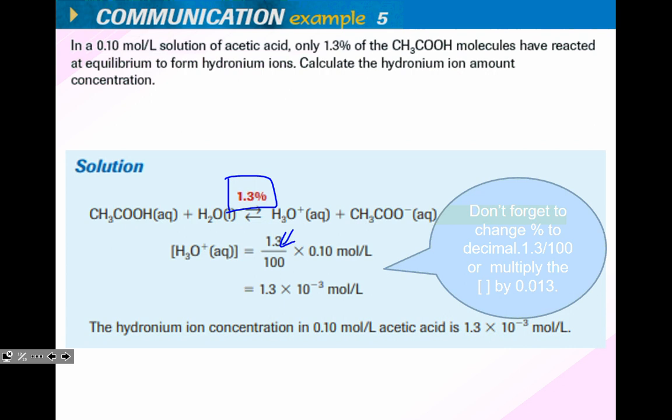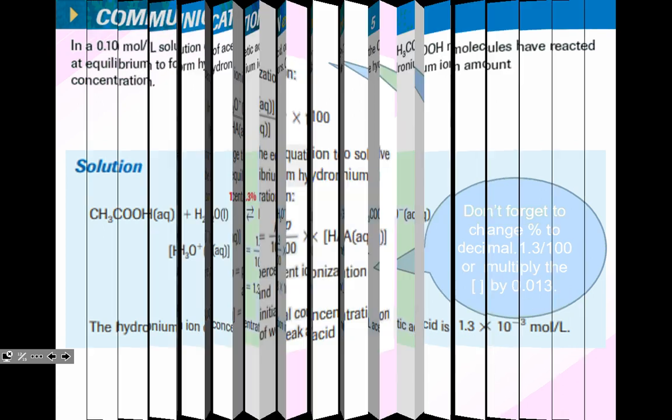You have to divide that number by 100, or do it really quick and multiply the concentration by the decimal form of 1.3%, which gives you 1.3 times 10 to the negative 3 moles per liter. If you want to include that in your calculations, 1.3 divided by 100 times 0.100 moles per liter, or just 0.013 times 0.10 moles per liter. Just don't forget to convert the percent to a decimal.